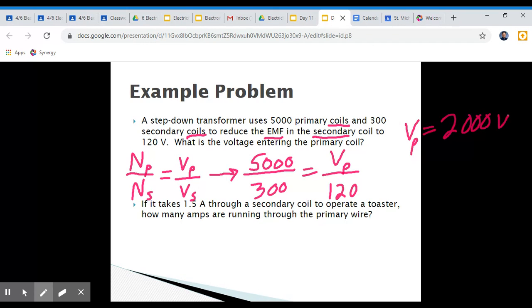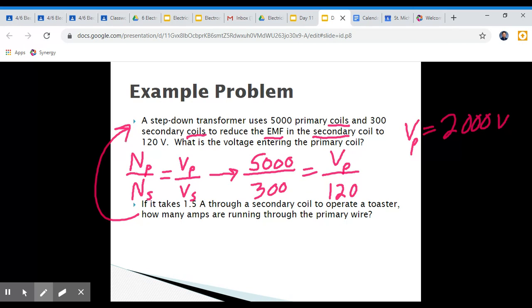Next it asks us, if it takes 1.5 amps through the secondary coil to operate a toaster, how many amps are running through the primary wire? Now we are going to be under the assumption that we are still dealing with this problem.